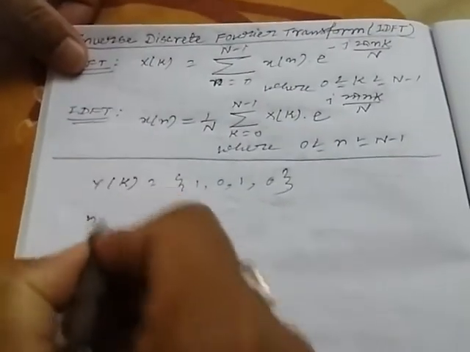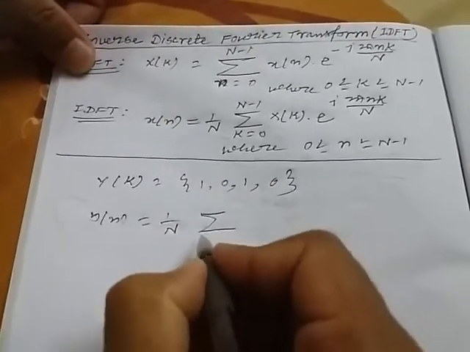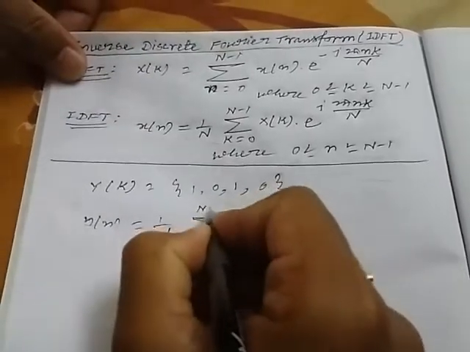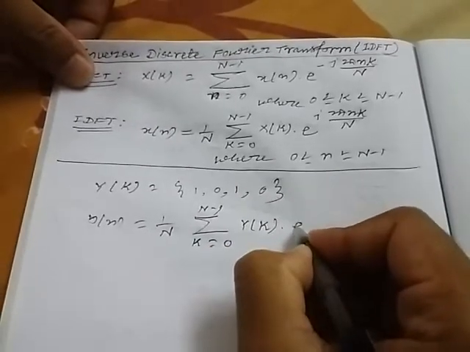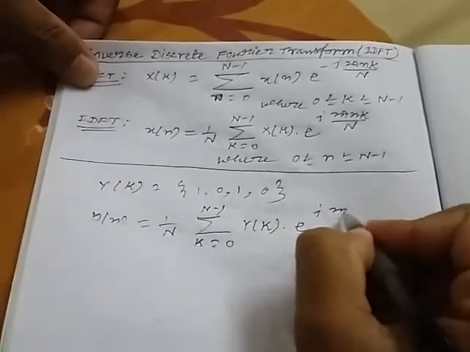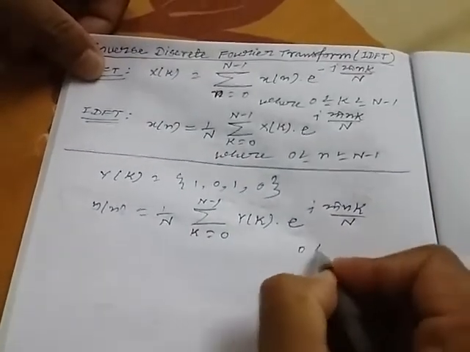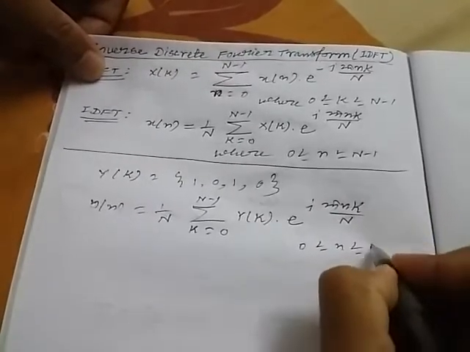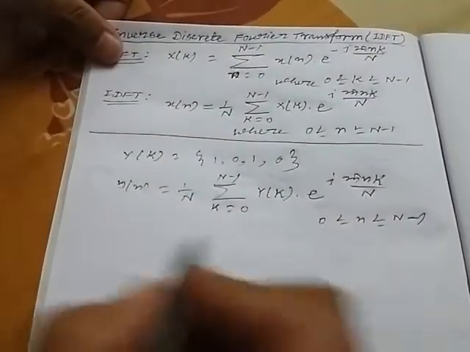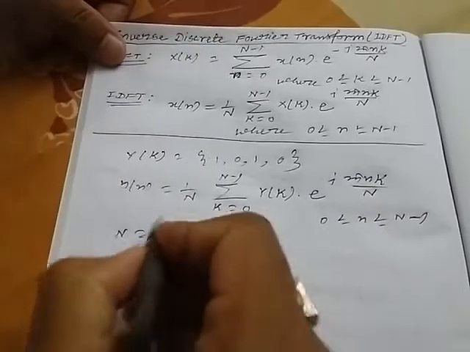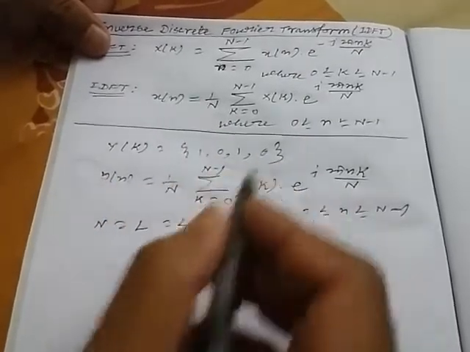To find y[n], the formula is 1 by capital N summation of k equal to 0 to capital N minus 1, Y of k into e to the power j 2 pi n k by capital N. Here the value of capital N is equal to the length of this sequence, that is 4, because there are 4 elements.